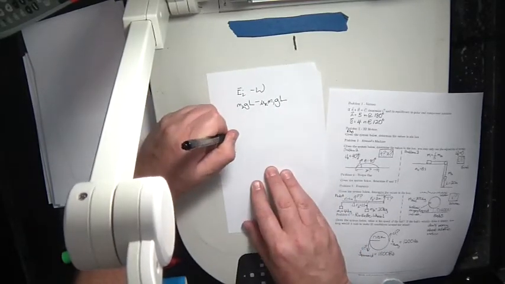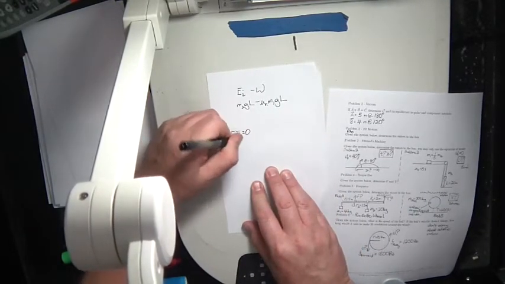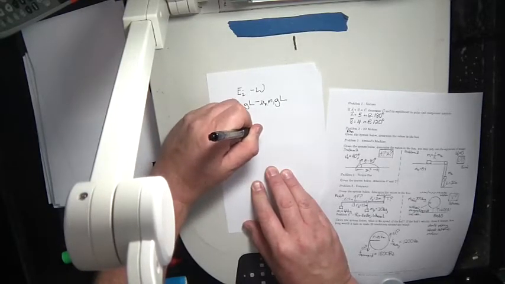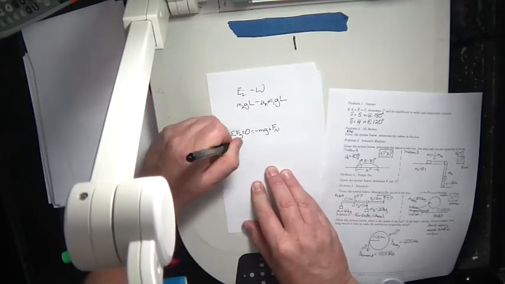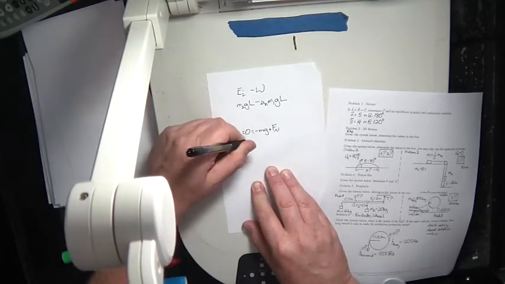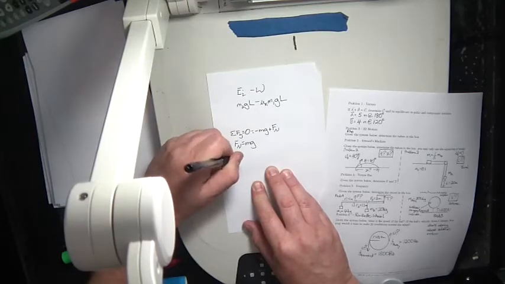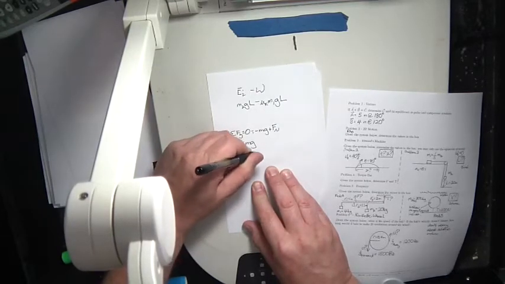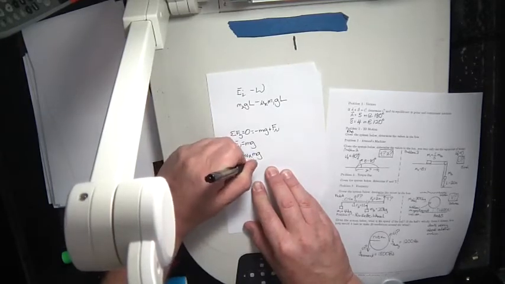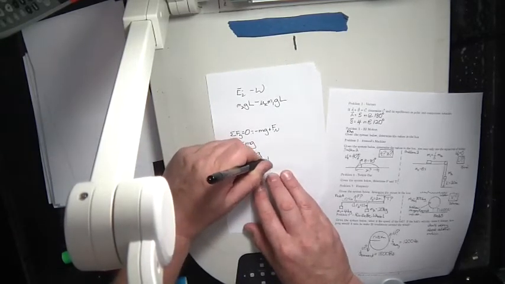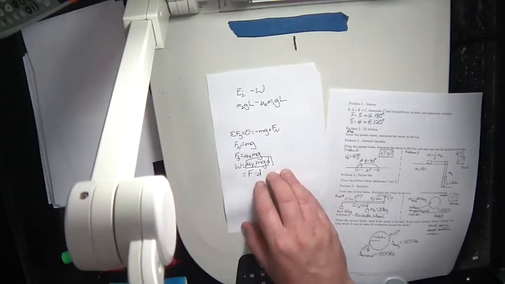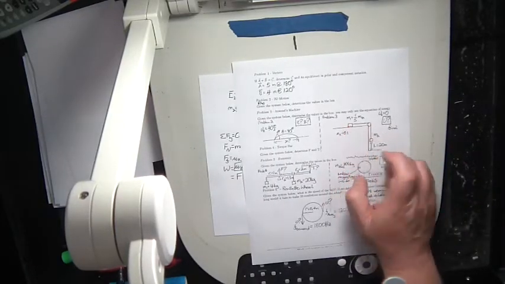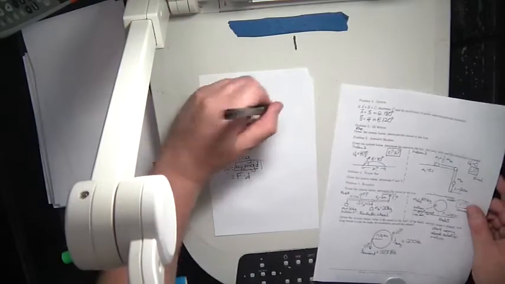And you get it because the object dropped a distance L, that one moved a distance L, and we have this.